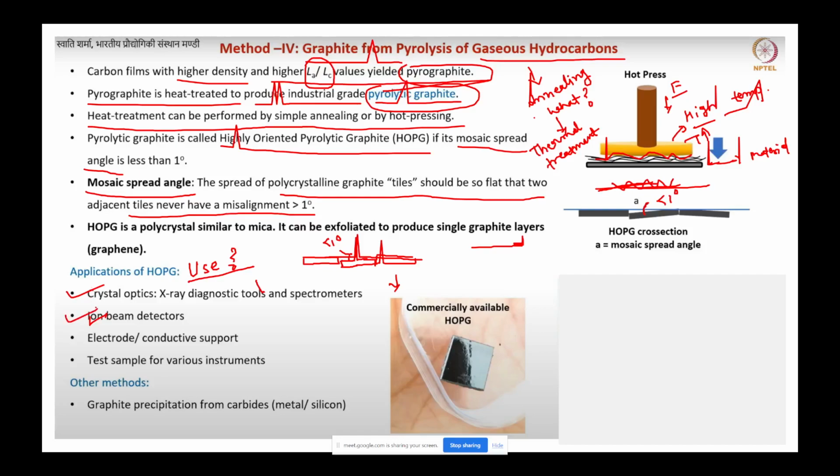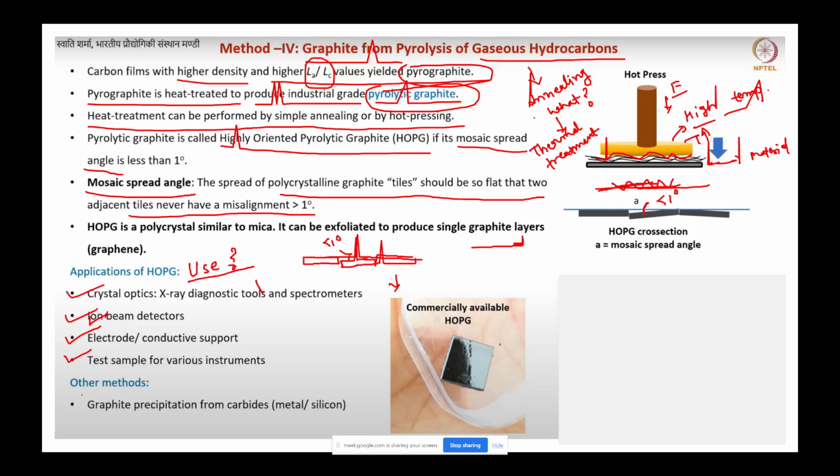Second one is ion beam detectors, to detect an ion beam. Third one is as an electrode or conductive support. Since this is a carbon material, it has some conductivity. I do not have the exact range of its conductivity, but since it is conductive, we can use this as an electrode material. Fourth one is test samples for various instruments.